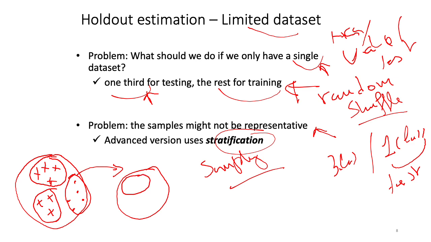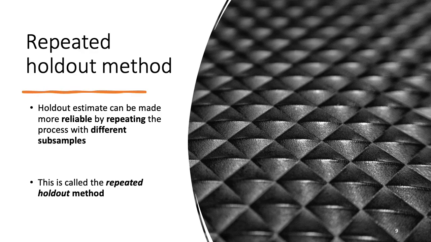I will draw some instances from the first class, then some from the second class, and then some from the third class, again randomly. So it's a random split, but with stratification in order to keep the same representation as the original population.